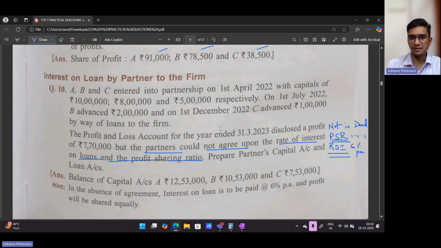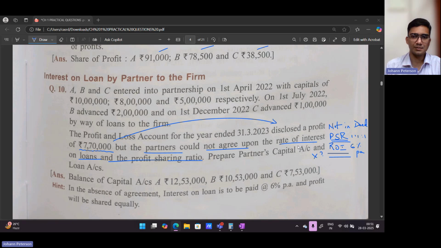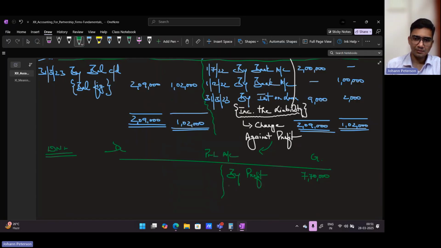So since this is written in the profit and loss account and it is not taken into consideration, these points, which is the rate of interest, it is not taken into consideration. So we are now going to allow that. We are going to give this as an expense for us. So this expense will be shown over here on the debit side. So to interest on loan, and the interest is 11,000, right?